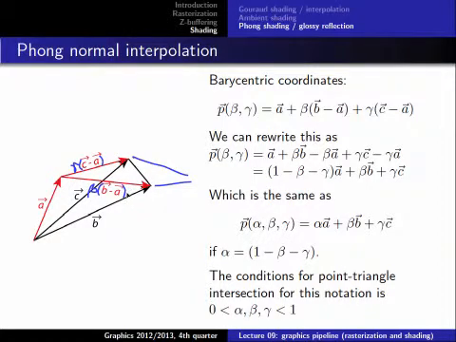And you can also easily use it for interpolation, because we saw that for beta and gamma equal to 0, we are here, and if we increase gamma to 1, we will end up here. If we increase beta from 0 to 1, we will end up here. So this is also very good for linear interpolation.